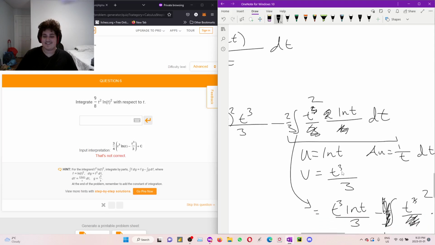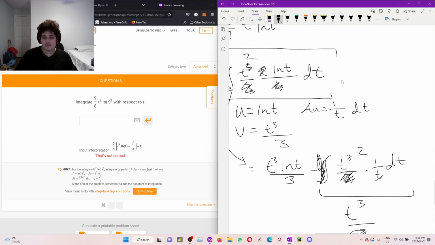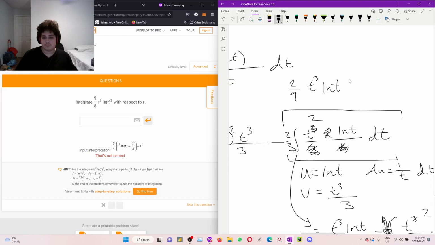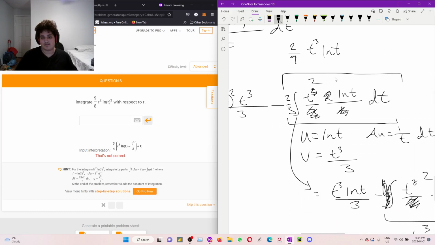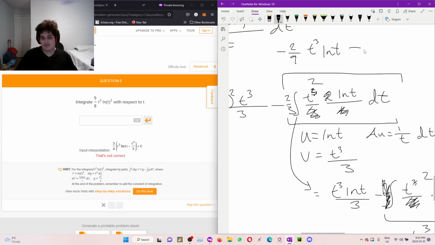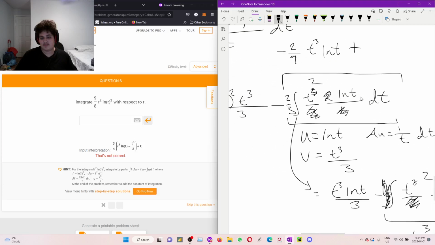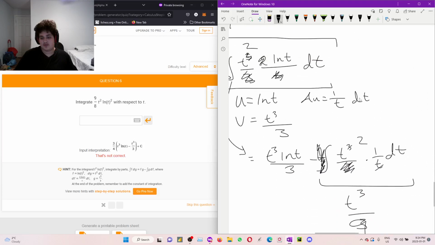Let's try and put everything together. So we have 2/3, that's just going to be 2/9 t cubed ln t. Well, it's minus, right? So now minus minus will be plus t cubed by 27.